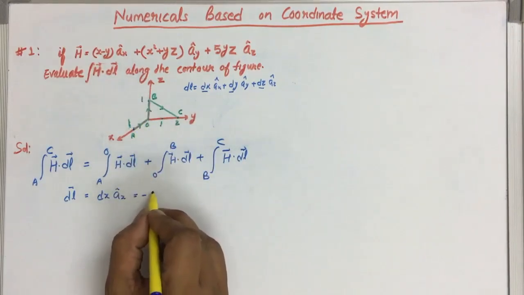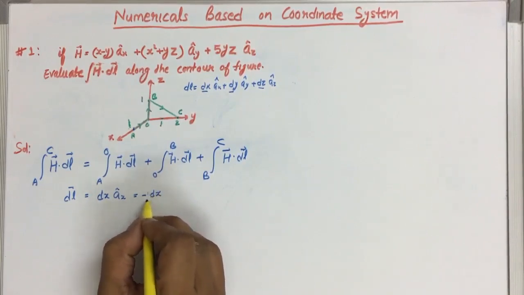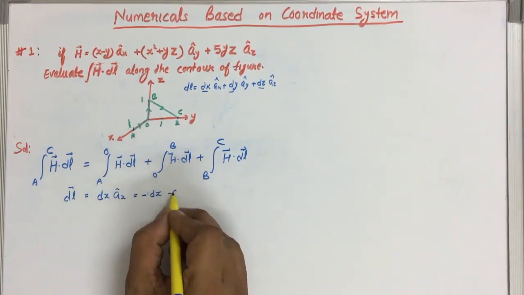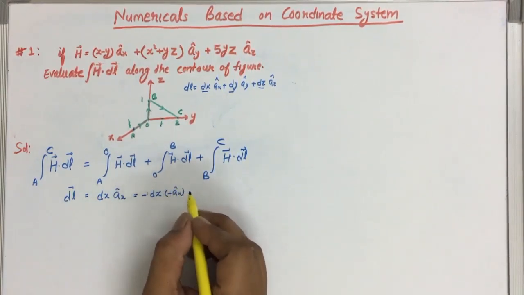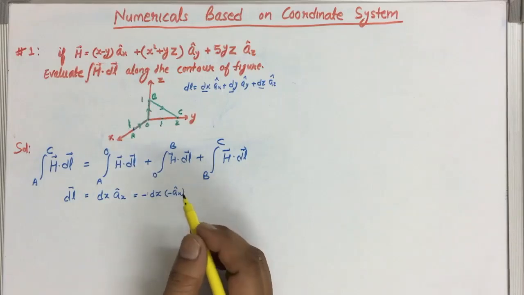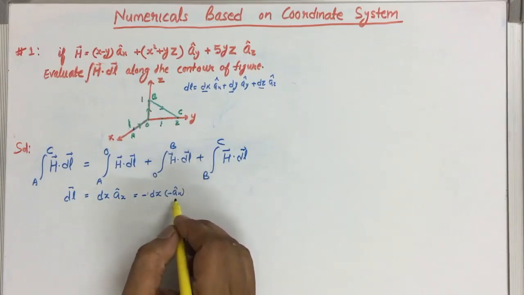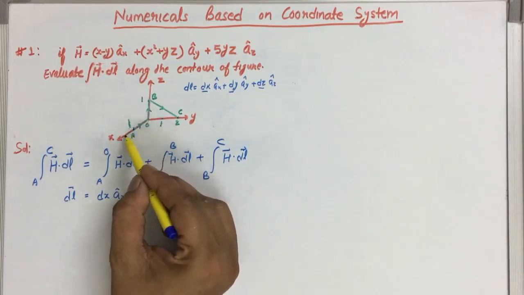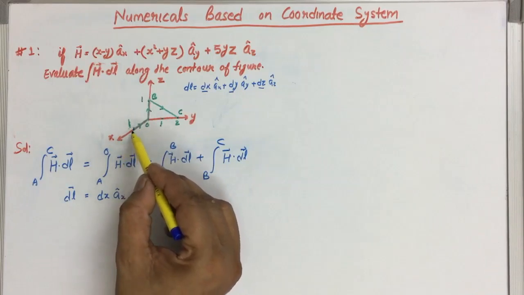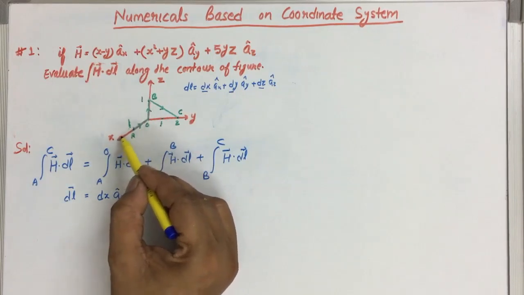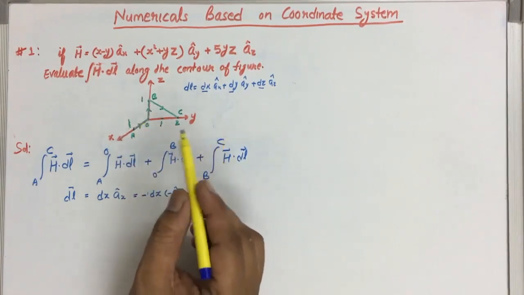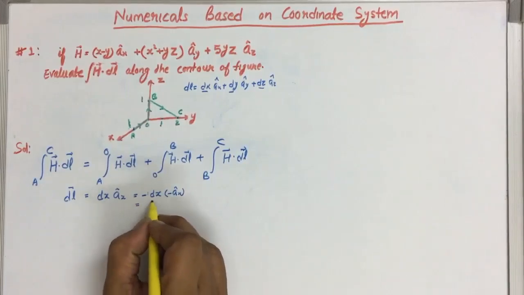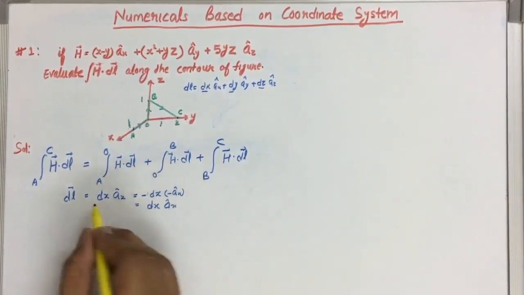So we can say minus dx, with magnitude only, and the ax can be written as minus ax, because the general assumption is that the unit vector is positive in the direction of increasing the coordinate. So the coordinate is increasing in this direction, but we are moving opposite to it, so the unit vector will be negative and this is also negative, so it will be dx ax, as written in the beginning.